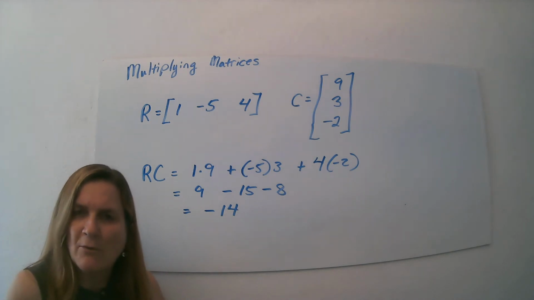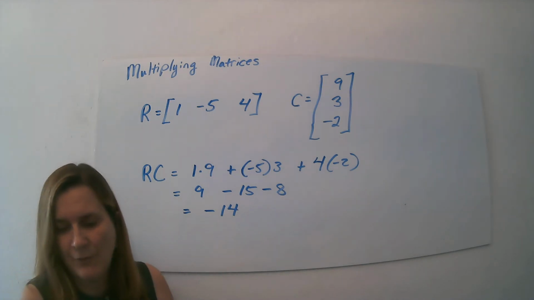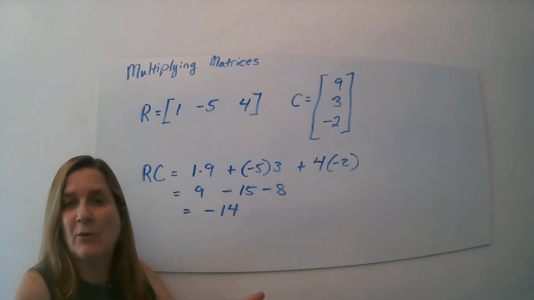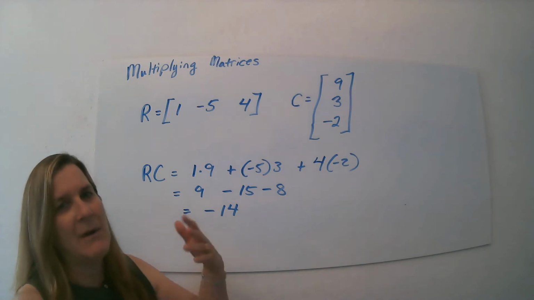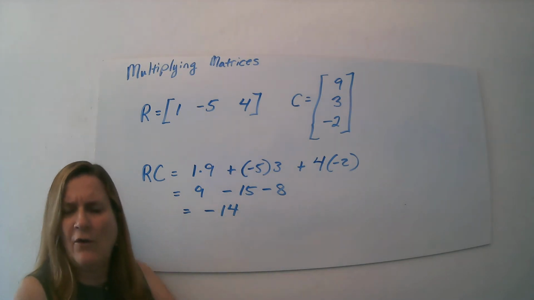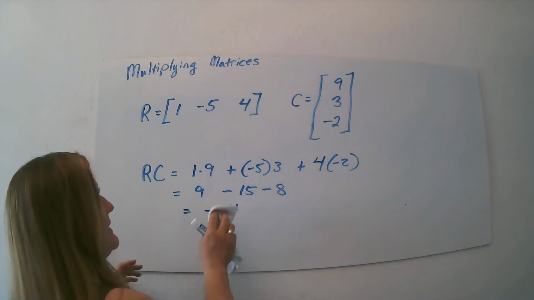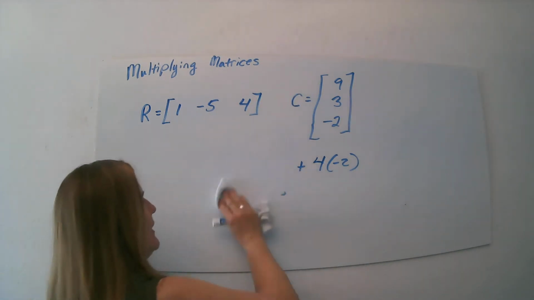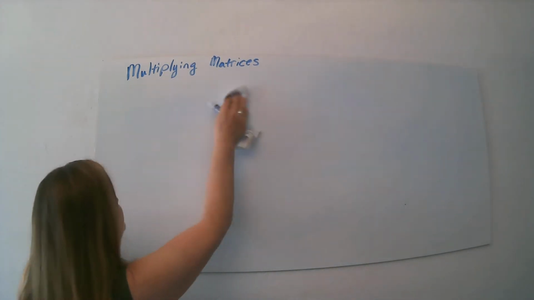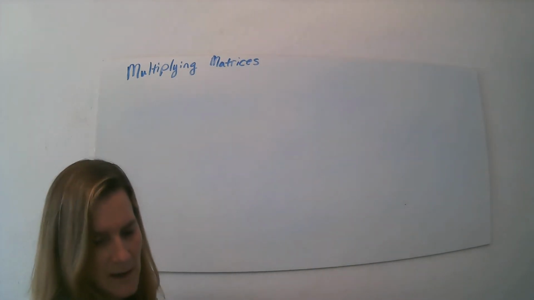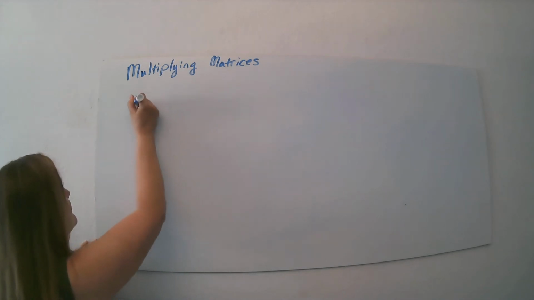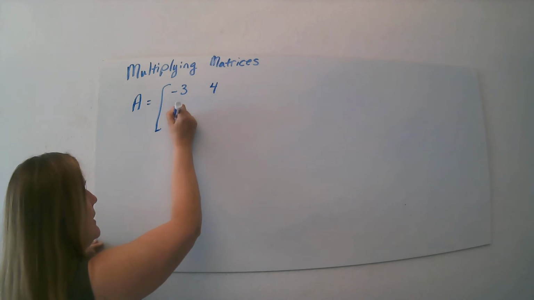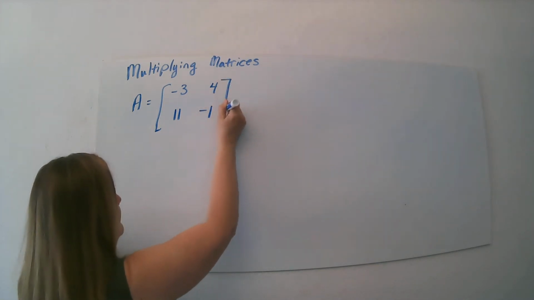But now let's talk about multiplying matrices in general. Well, let me talk about it with larger matrices. I'm not going to talk about it generally. I'm going to talk about it with a 2 by 2 and 2 by 3 matrix, just not a row and a column. So here we go. I'm going to let the A matrix equal negative 3, 4, 11, and negative 1.